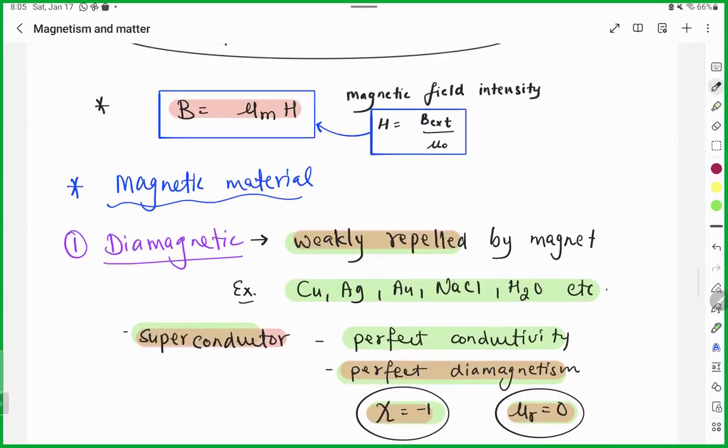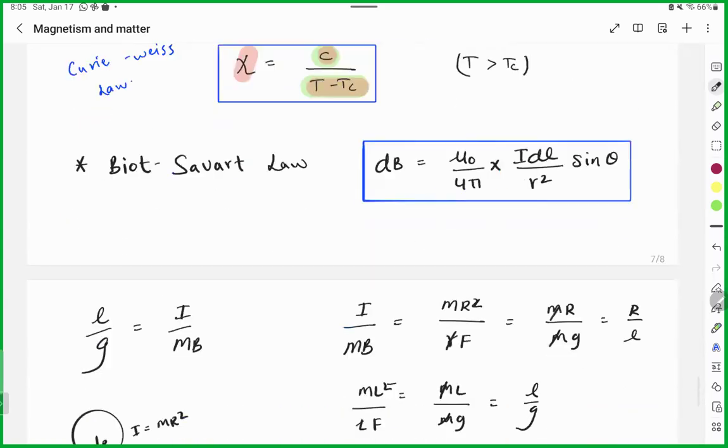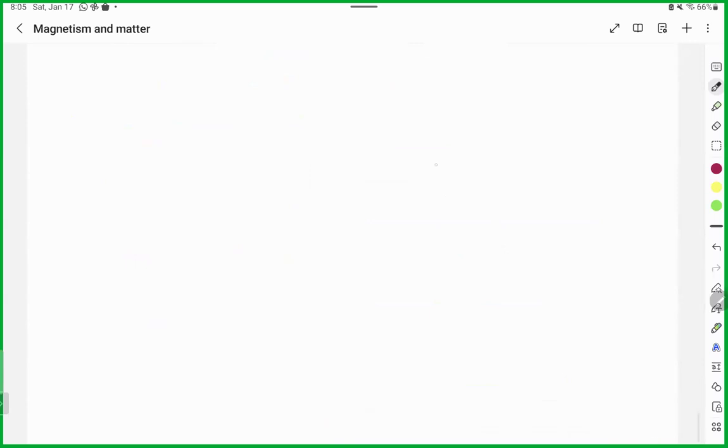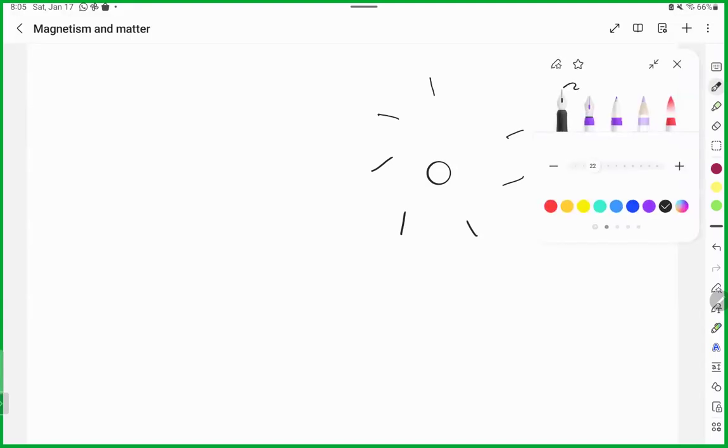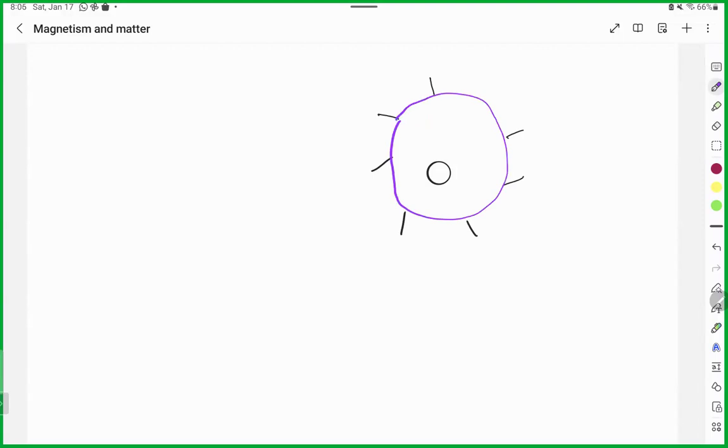For example, a person has a watch, and this watch repels all the light, electric field, and magnetic field lines. It means in this region you can't see anything.